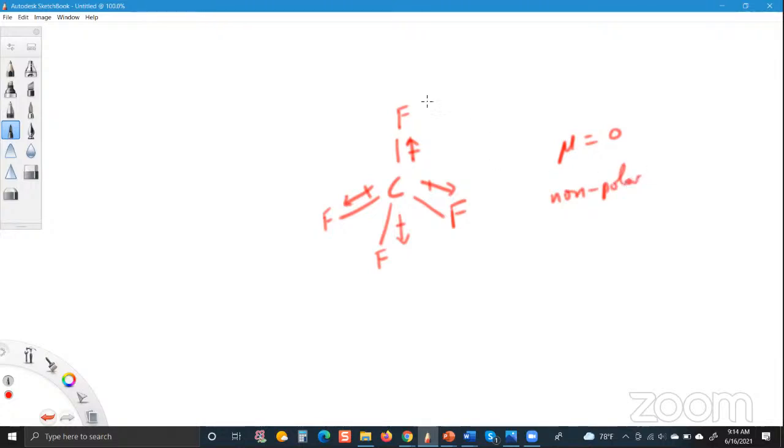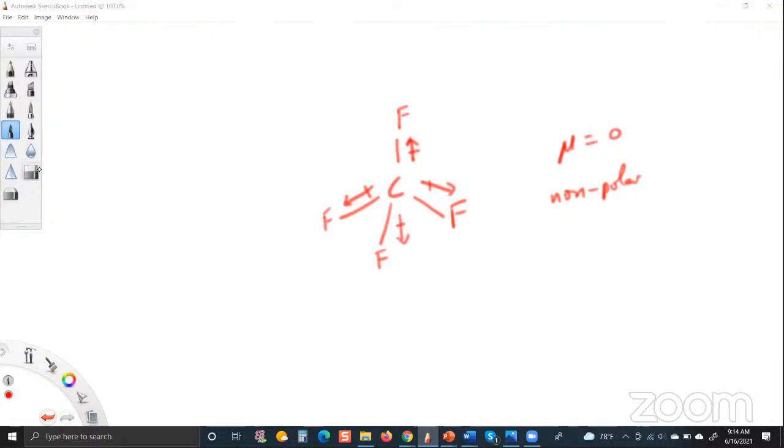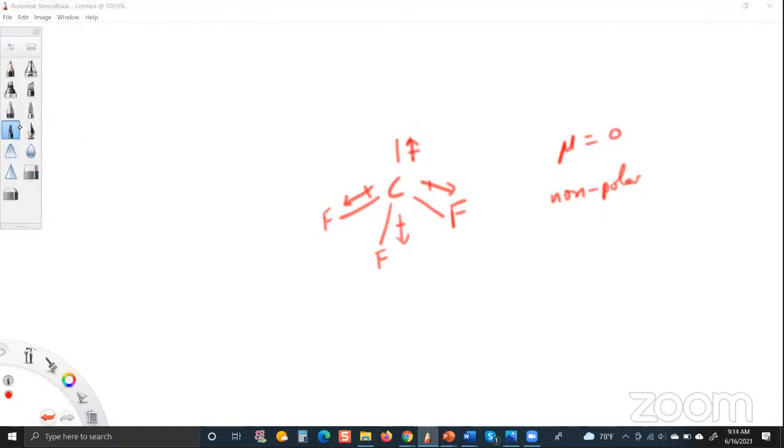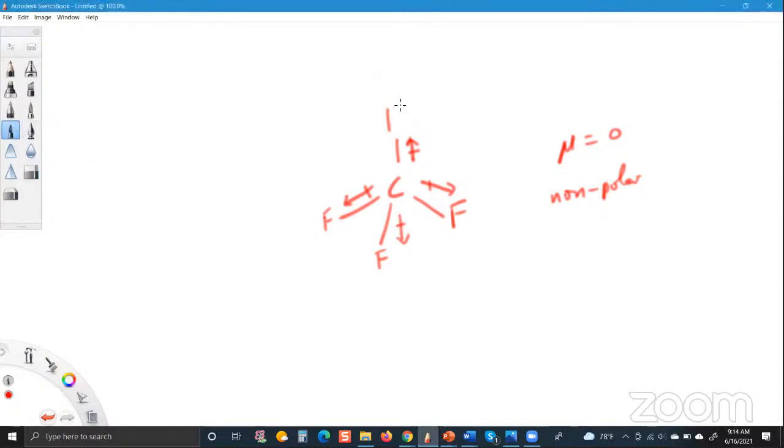Now, let me just say something here. If I were to replace this fluorine with hydrogen, let's say, so let me erase this and put hydrogen here, then this bond would essentially be non-polar.